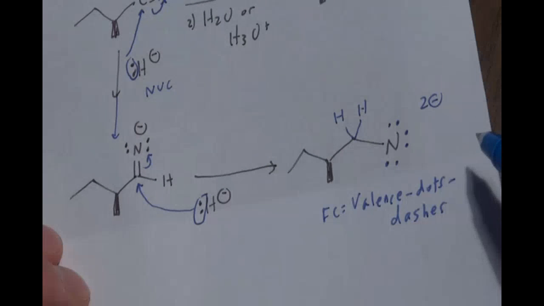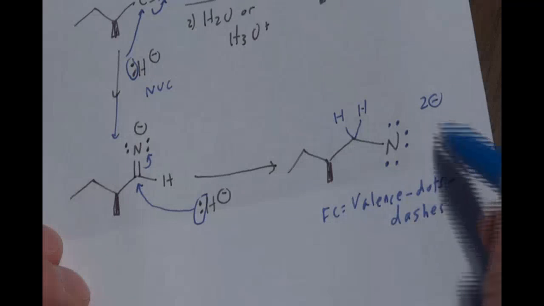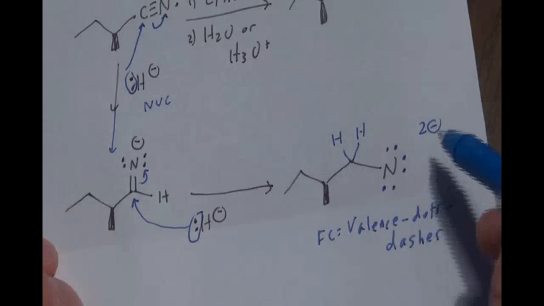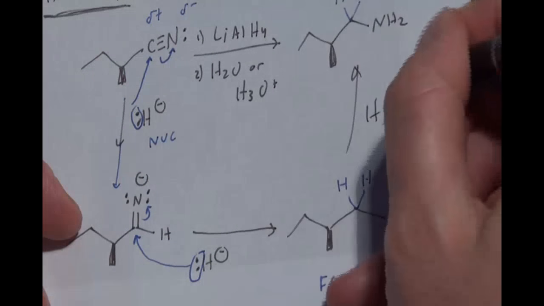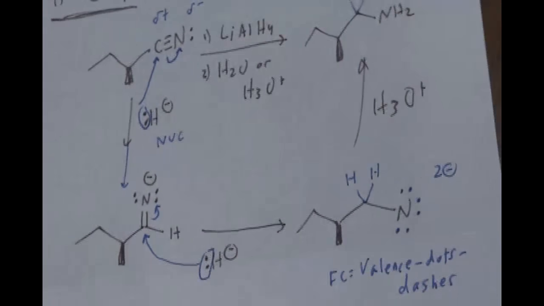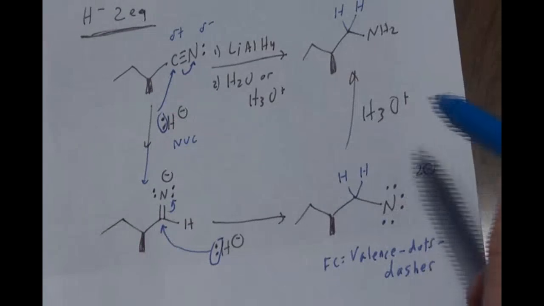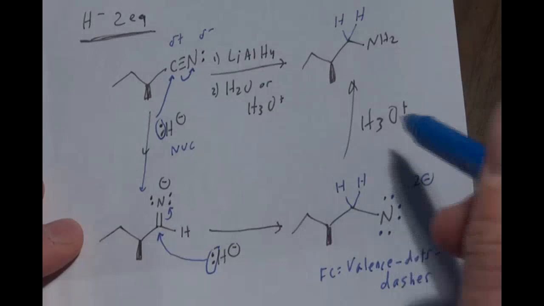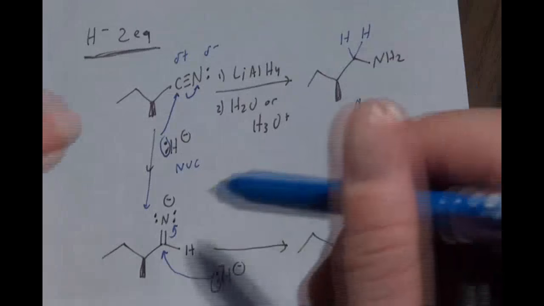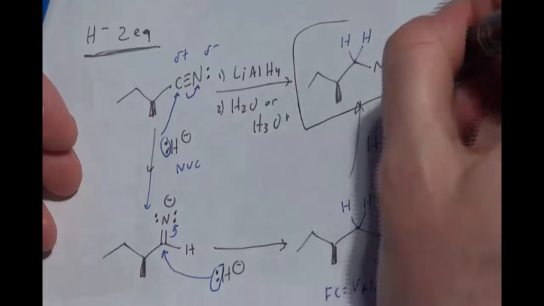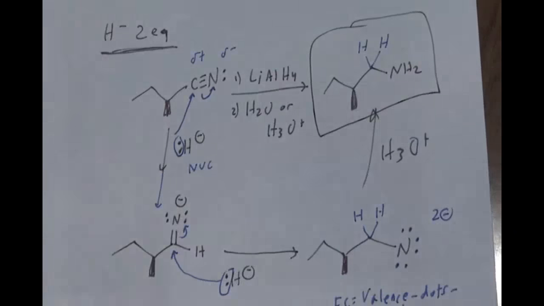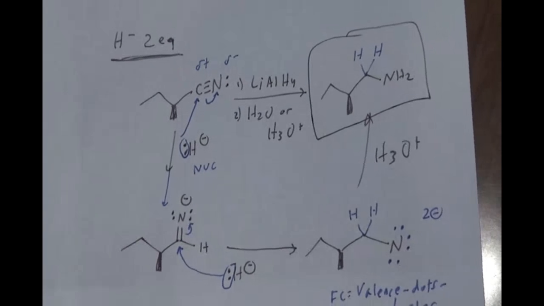So that's 5 minus 7, which is -2. Yeah, right? So that makes sense that we get -2. Okay, then we just protonate with H3O+. It simply protonates the nitrogen twice. So we protonate once, we protonate twice, and we're left with the amine. And that is the two-step, we'll say double reduction of a nitrile.